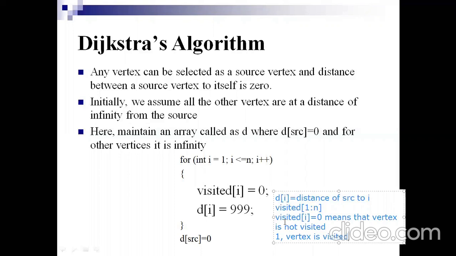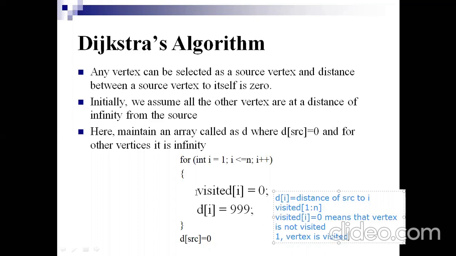The same concept we will be using here. To maintain that concept of visited and not visited, we use an array called the visited array, where the entry visited of i equal to 0 means that the vertex is not visited, and 1 means that the vertex is visited.